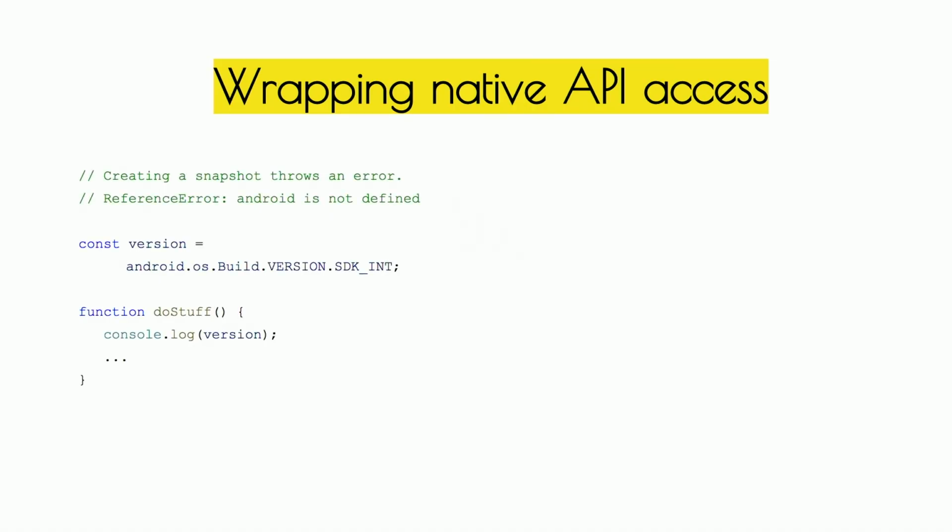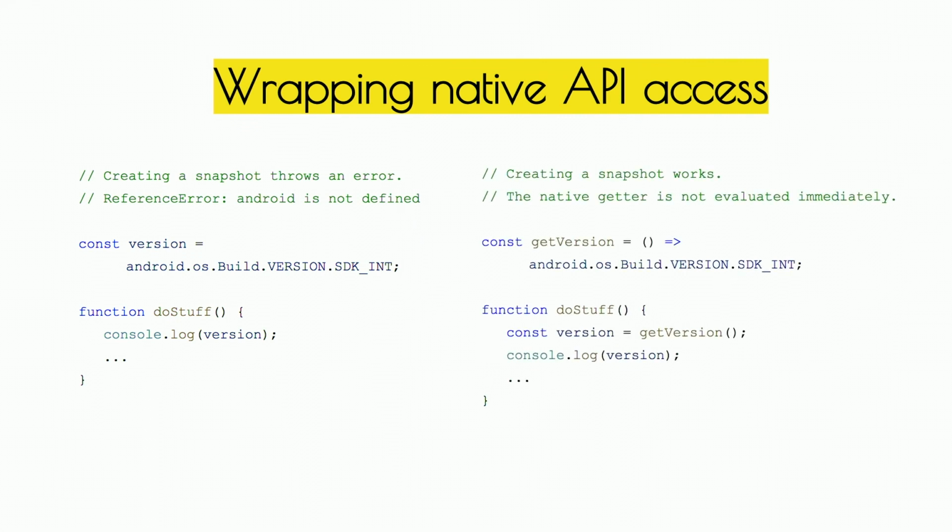For example, if we had some JavaScript code which tried to get the Android SDK version, actually trying to snapshot this code would fail, because the V8 snapshot tool would try to look into the Android object present there, and it would not find it defined anywhere in our JavaScript code. So it would crash. How could we safely make our code snapshotted?